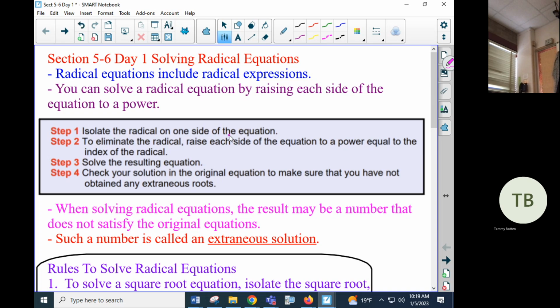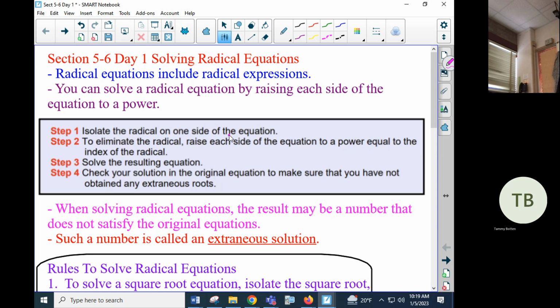The first thing you have to do is get that square root or cubed root or 4th root by itself. And then, to get rid of a square root, you square both sides. To get rid of a cubed root, you cube both sides. To get rid of a 4th root, you put both sides to the 4th power and so on.